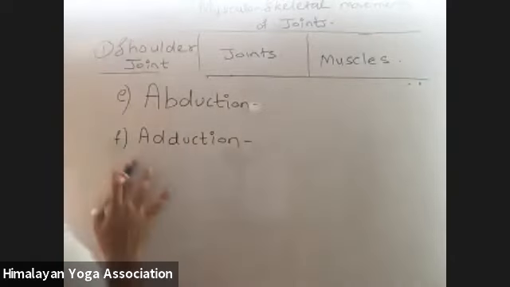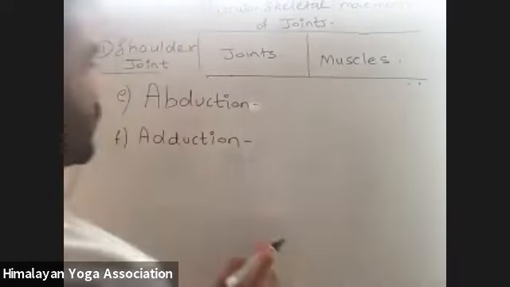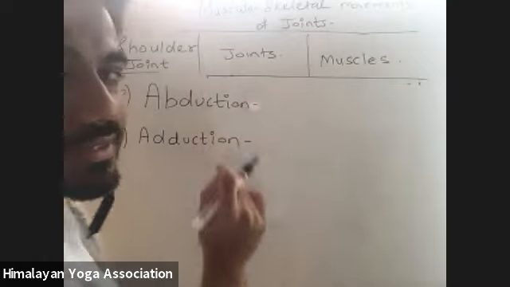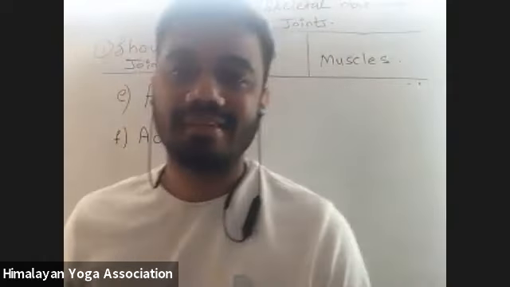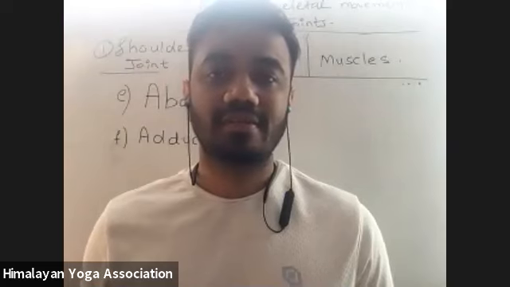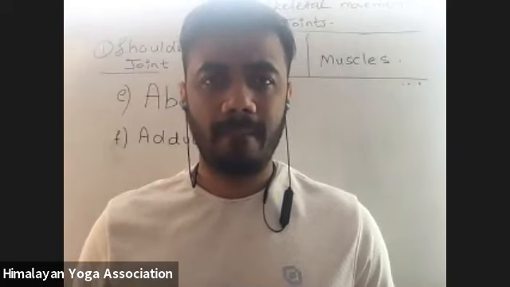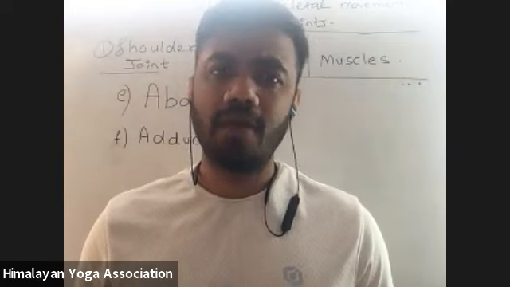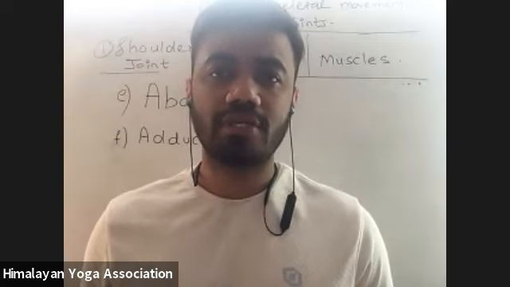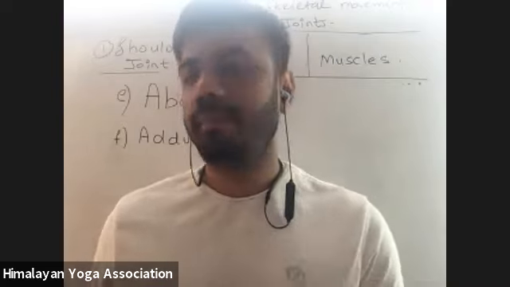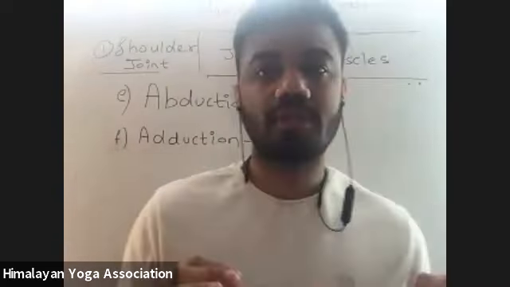Now, the question: when we say shoulder abduction or adduction, do we have to say horizontal, or is just abduction or adduction enough? Yeah, just shoulder abduction is enough. Just shoulder abduction and shoulder adduction.